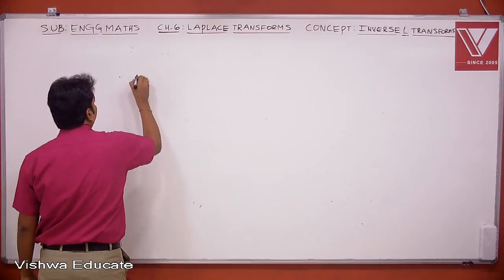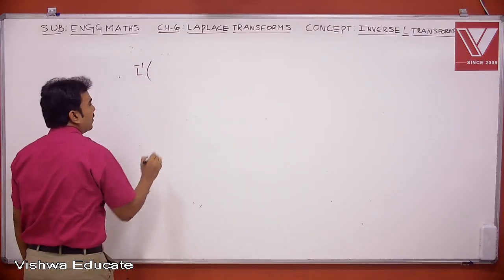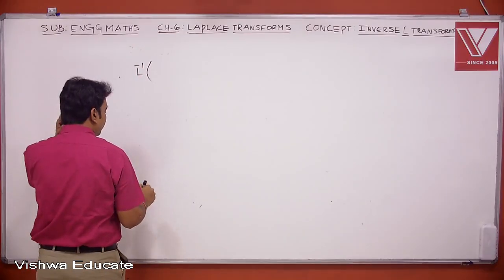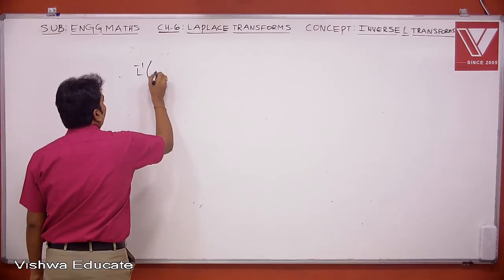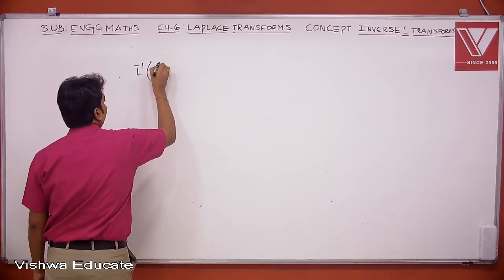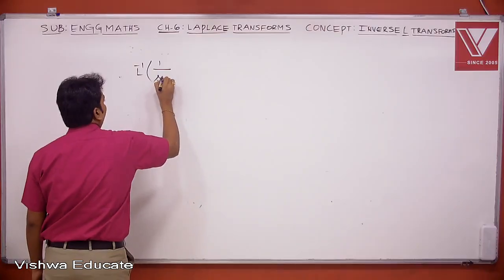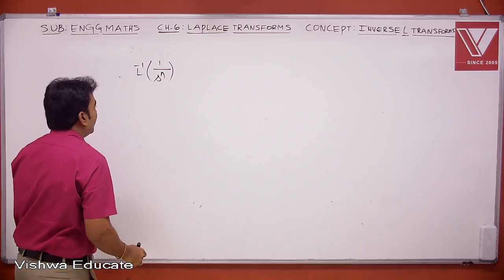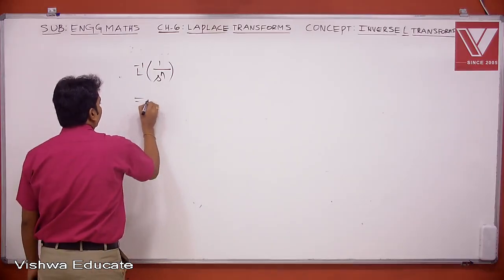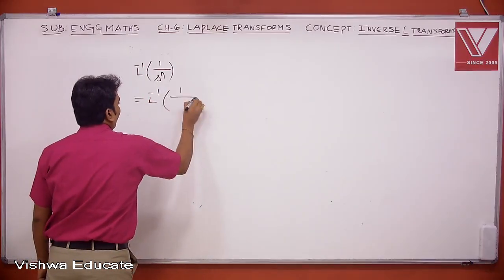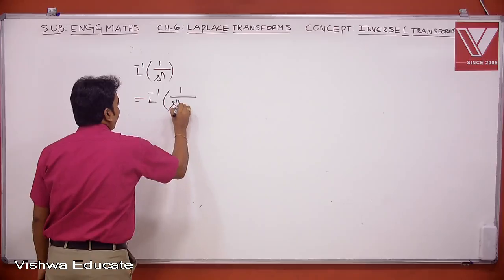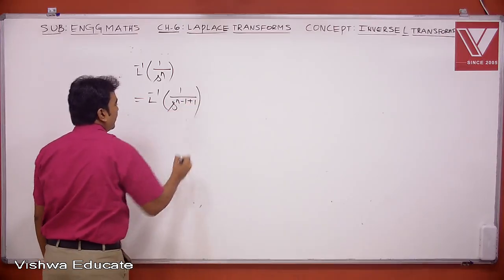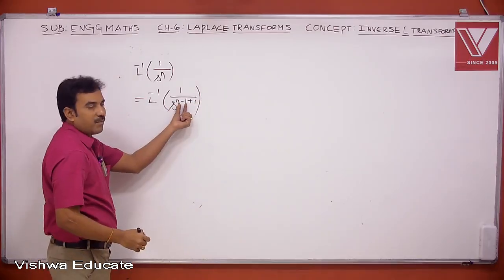Inverse Laplace of previous cases. This one, 1 by s power n, we can write as inverse Laplace of 1 by s power n minus 1 plus 1. So here n minus 1 is there.